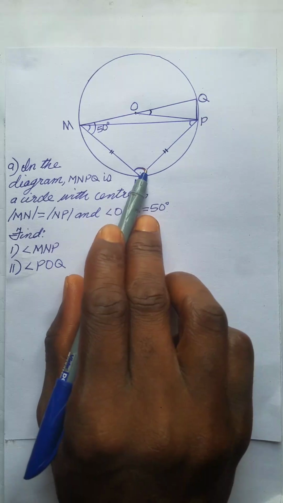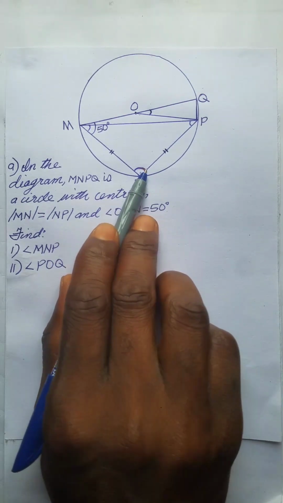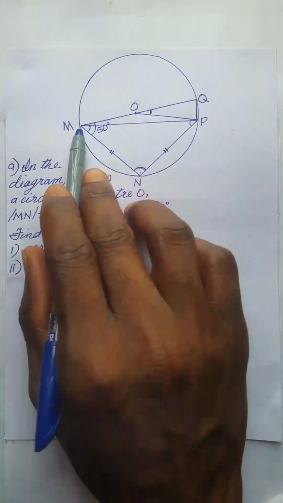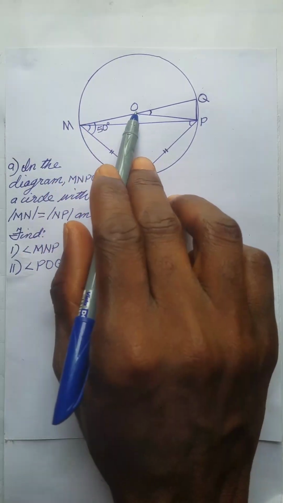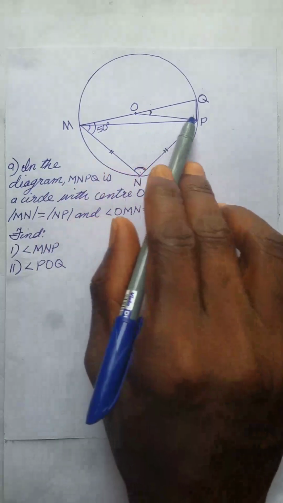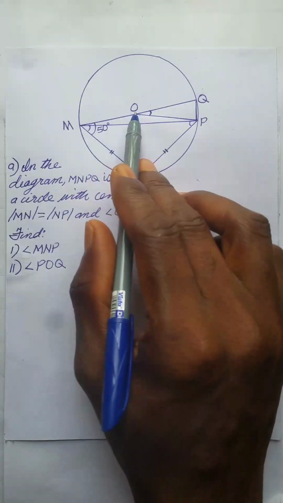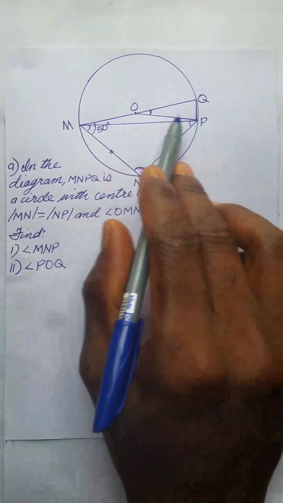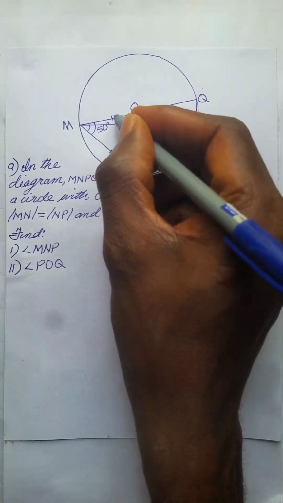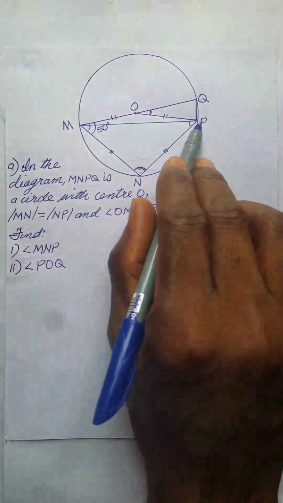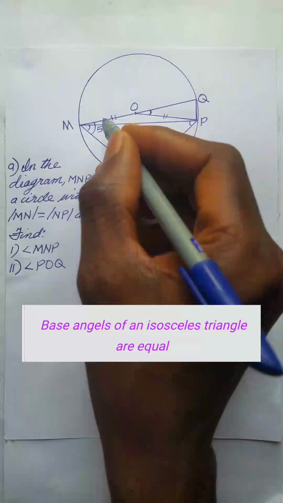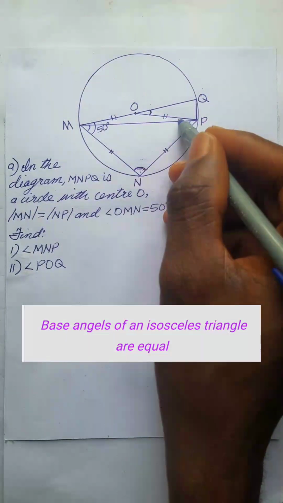But before then, look at something else. This is a radius. That means it is also equal to this, because this is also a radius. Remember, they say center O. So this is equal to this, so this line here is equal to this line. That makes OMP an isosceles triangle. Means if I know this, I also know this.